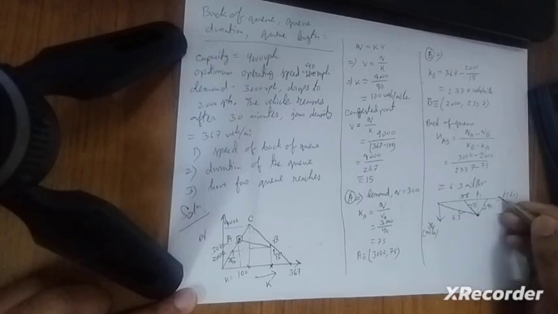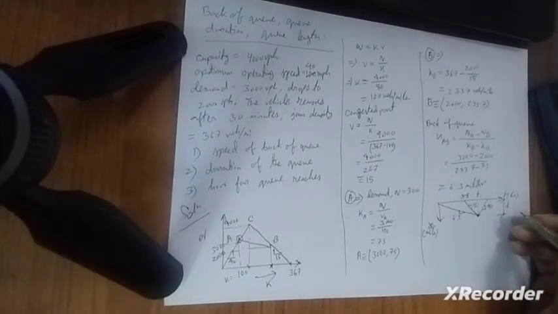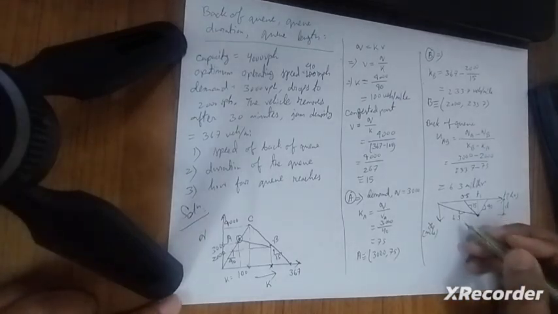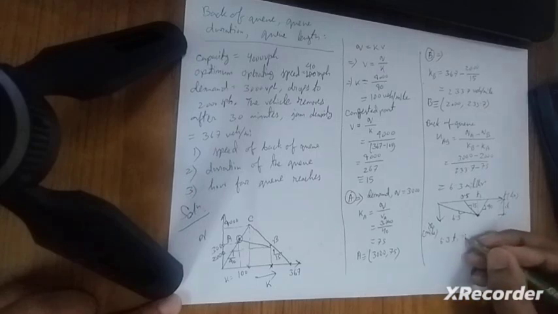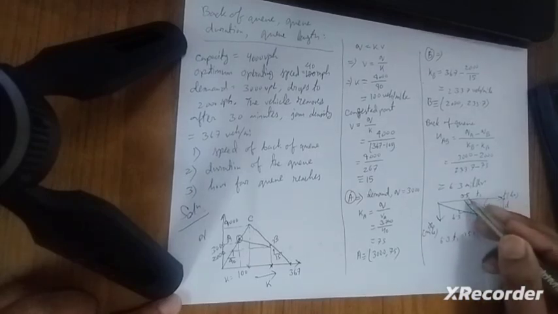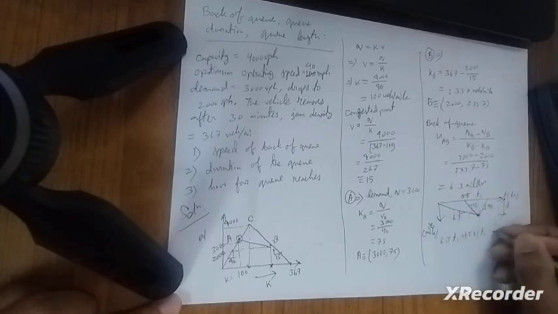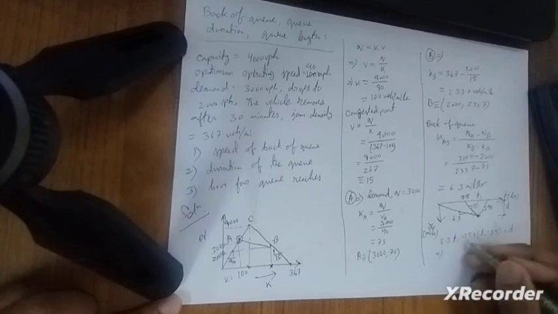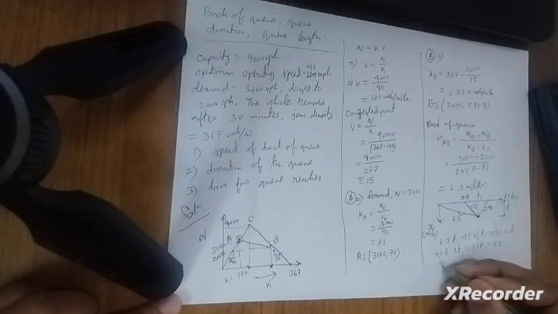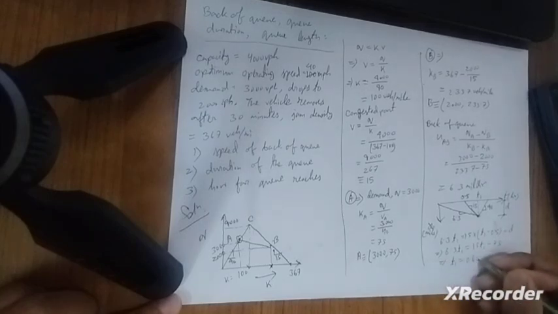The length of the Q will be D. We know that 6.3 times T1 gives the value of D, and 15 times (T1 minus 0.5) will also give the value of D. So 6.3 T1 equals 15 T1 minus 7.5, and we can calculate T1 as 0.86 hour.